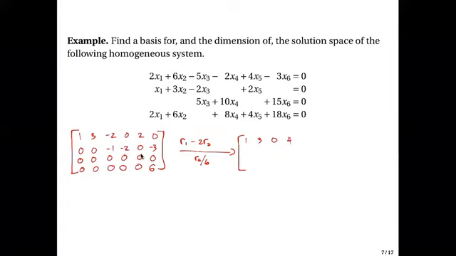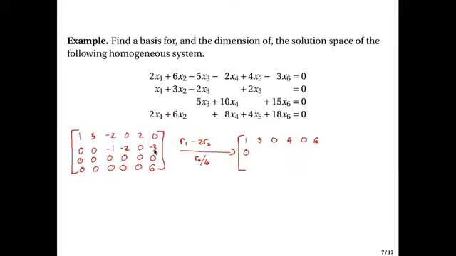2 minus 0, that's still 0. Then 0 here. 0 here minus 2 times negative 3, that's positive 6. Okay? And then what do we have in here?